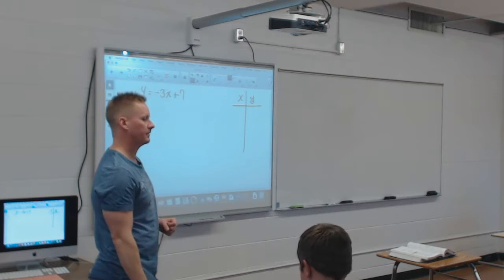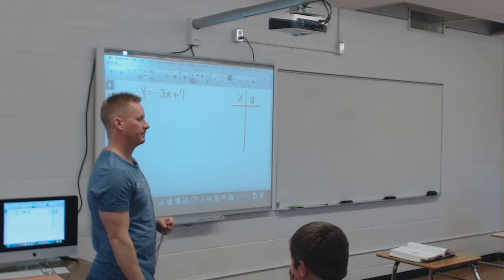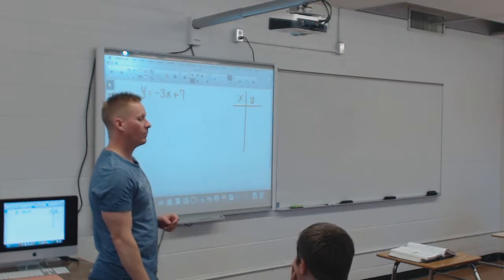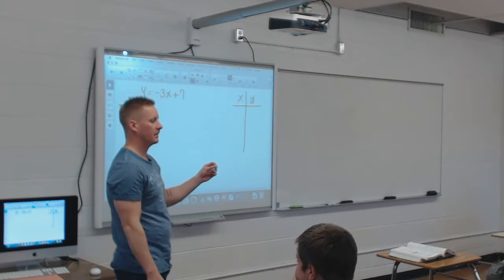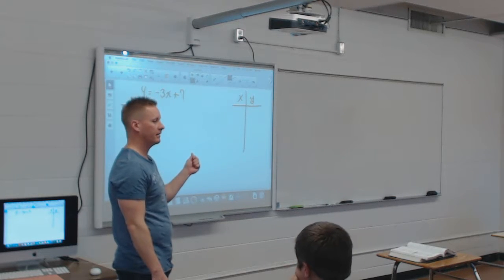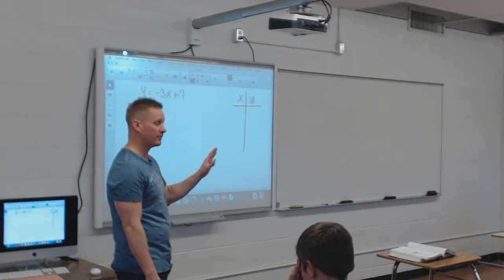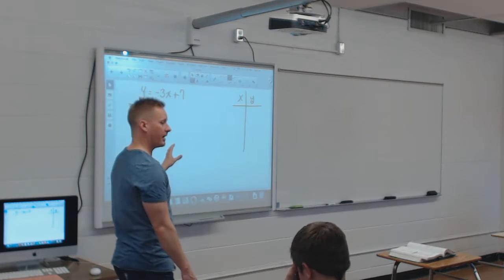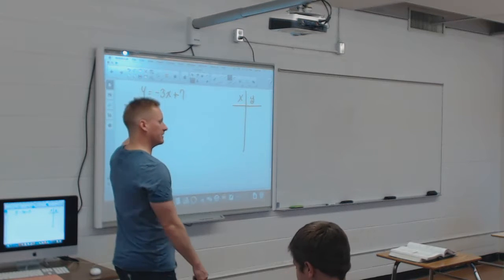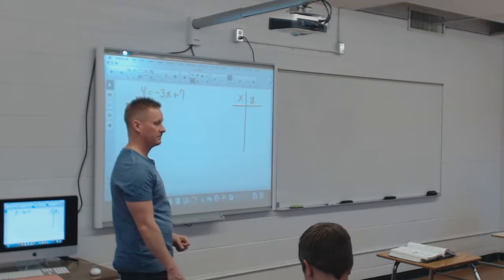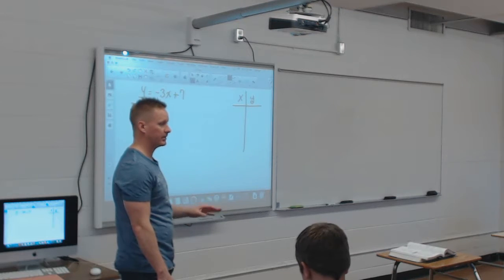You have to times -3 add 7. So whatever I put in for x, I times it by -3, and then I add it to 7. Do you agree with me? Yeah. So no matter what I put in for x, I'm going to multiply it by -3 and add it to 7, and that's going to give me what y is. In words, that's what it means, right?